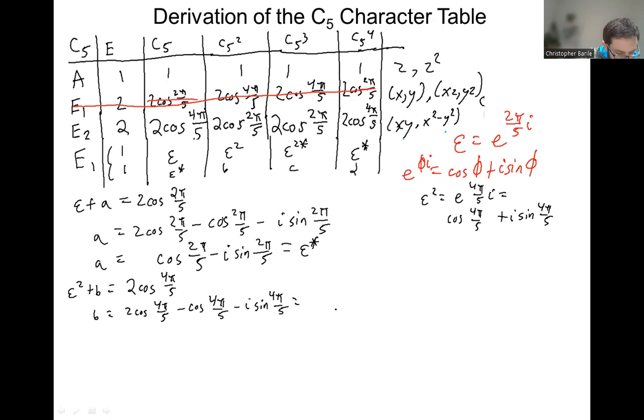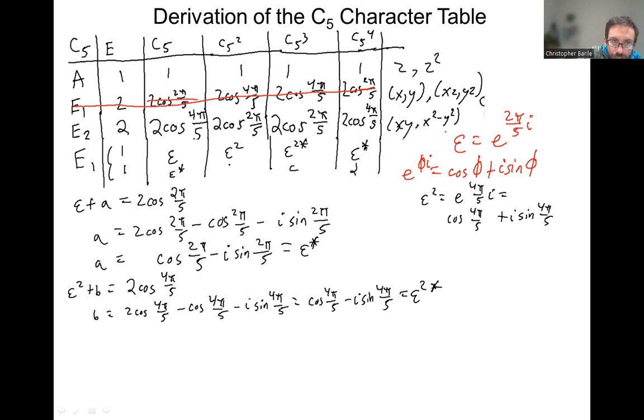Well, we get that B is equal to just 1 cosine 4 pi over 5, because we have 2 of them, minus 1 of them, minus i sine 4 pi over 5. Well, that looks very similar to epsilon squared, which is this, right? Except it's the complex conjugate of it, again, because we have just the negative part, the imaginary part being negative. So B is equal to the complex conjugate of epsilon squared.